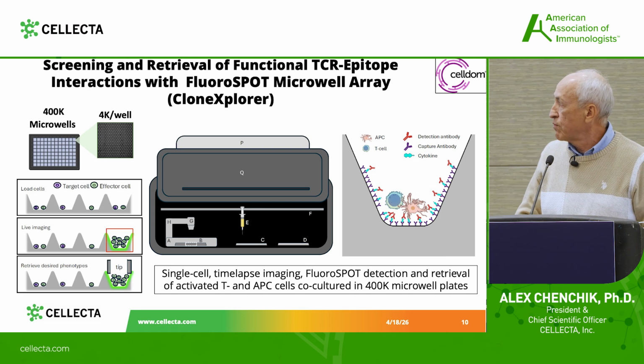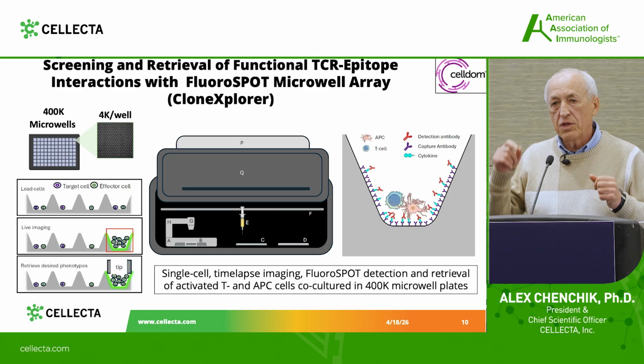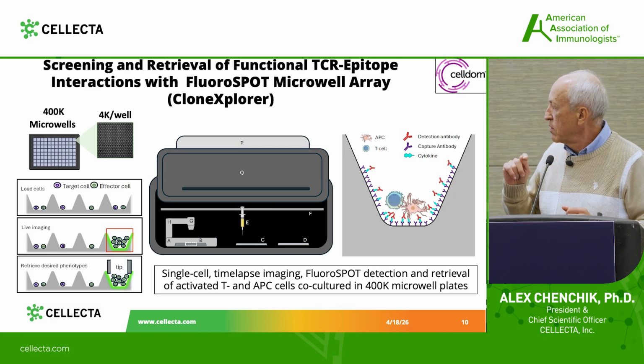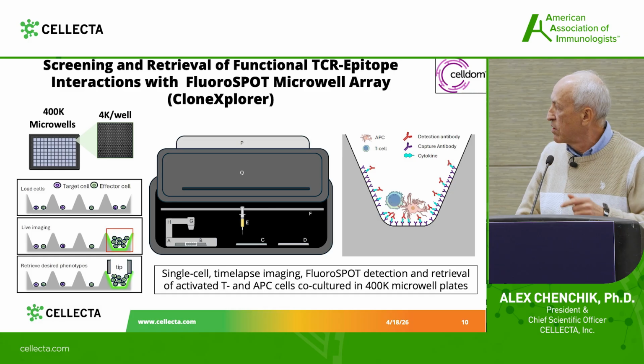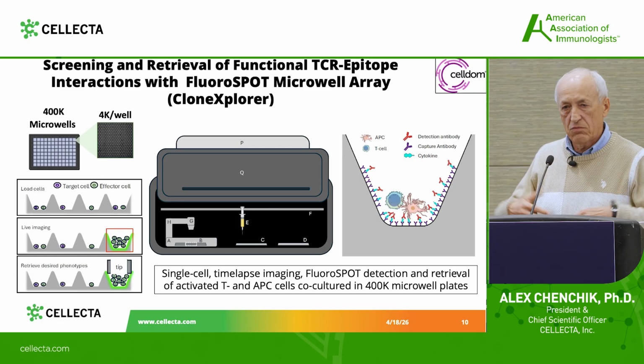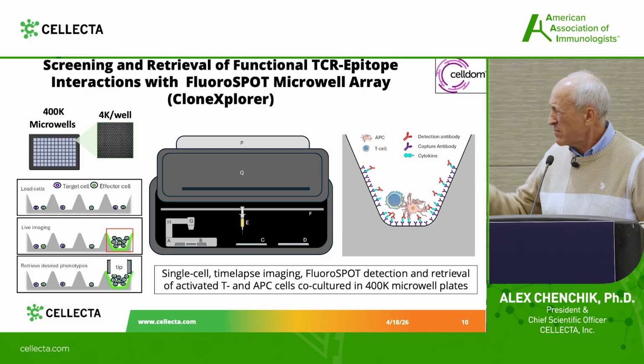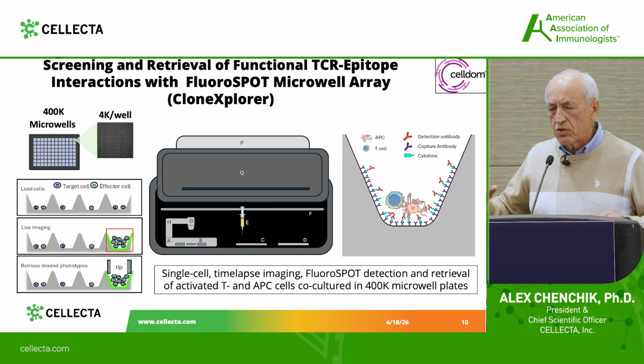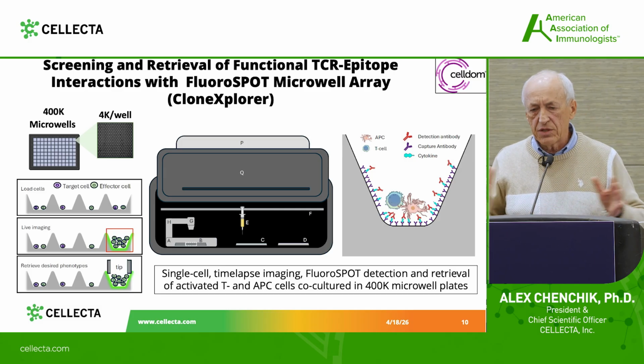What is the core of this technology? The core is a 96-well plate, where each well has 4,000 microwells, as shown here on the left of this slide. You deposit your T cells, your favorite T cells or PBMC, and your antigen-presenting cells, and this machine has imaging which can be done at any time.